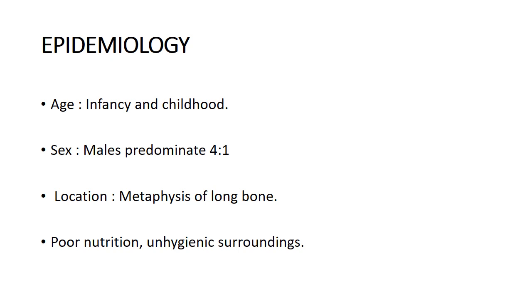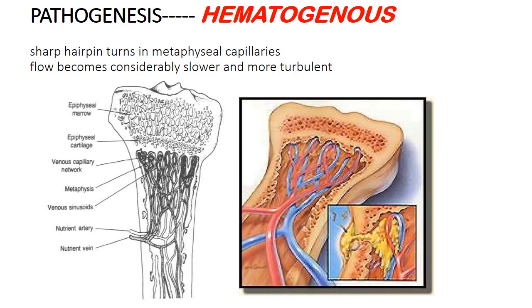as far as its epidemiology is concerned, it is more common in infants and children, and males are predominantly more affected. And the important thing is that its location is in the metaphysis of the long bones, and it is more common in communities who have unhygienic surroundings and are malnourished.